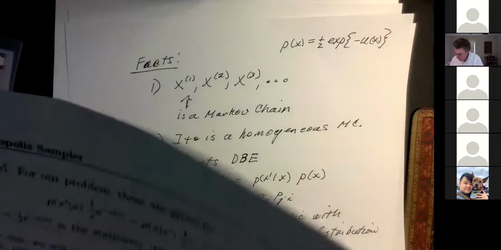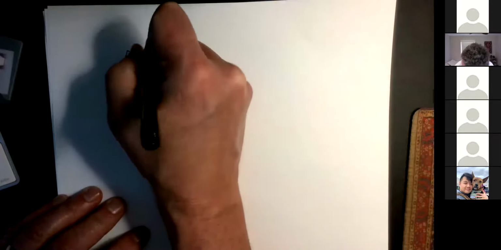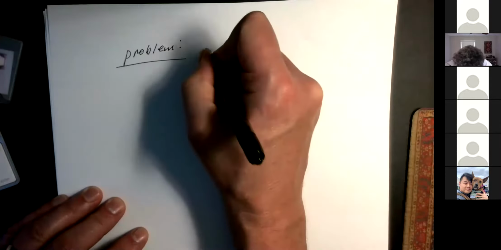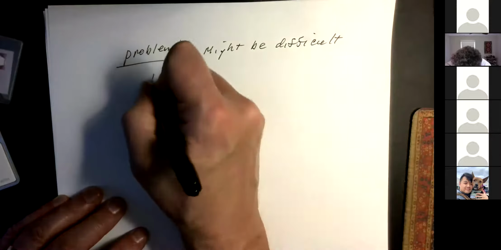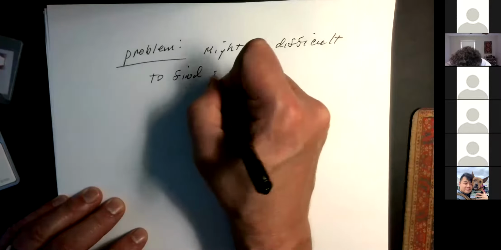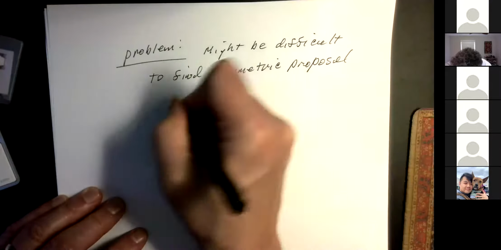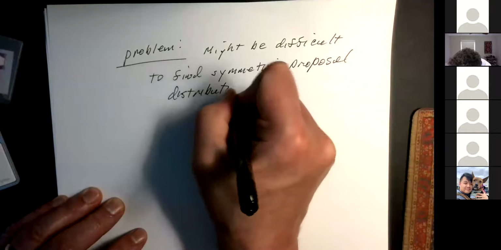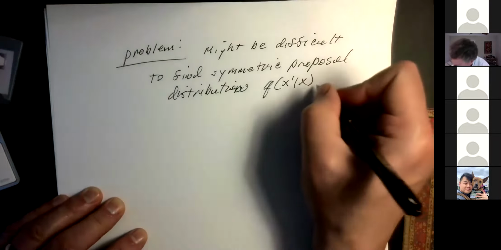Now, the problem with the Metropolis algorithm is that it's tricky because you have to generate a symmetric proposal distribution Q of x prime given x.